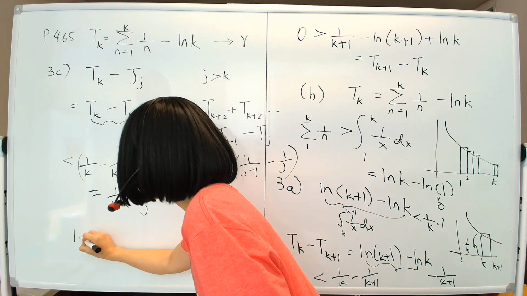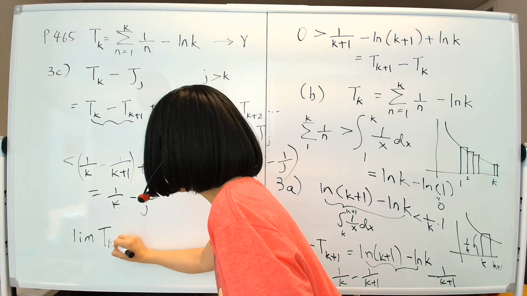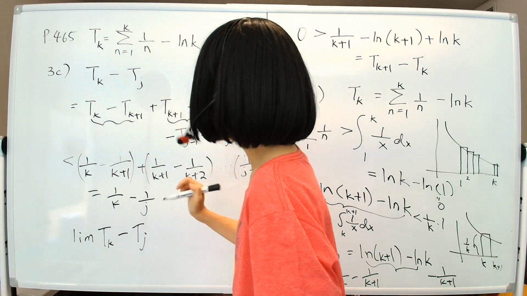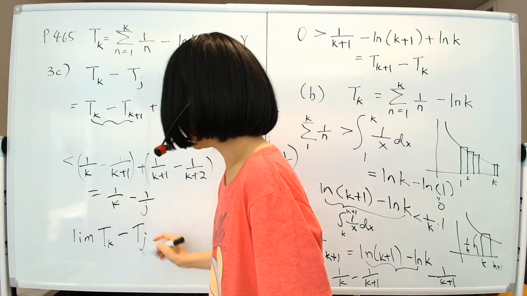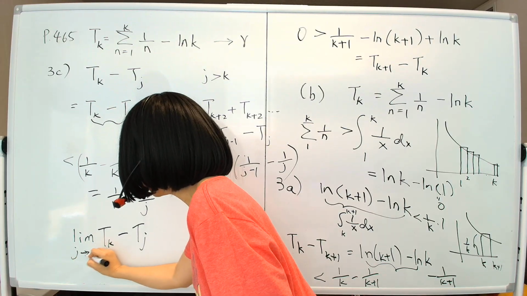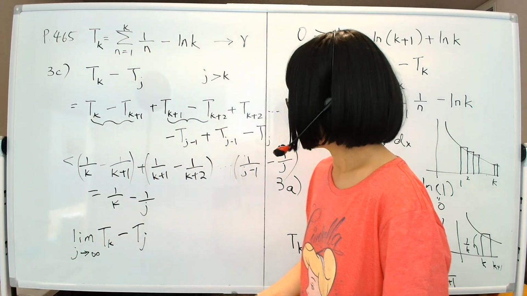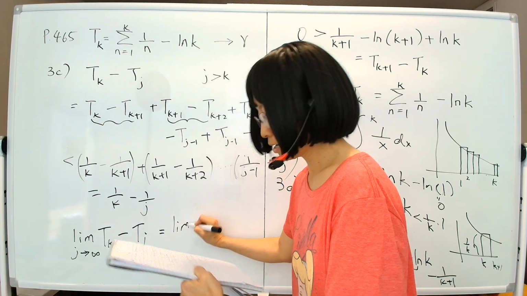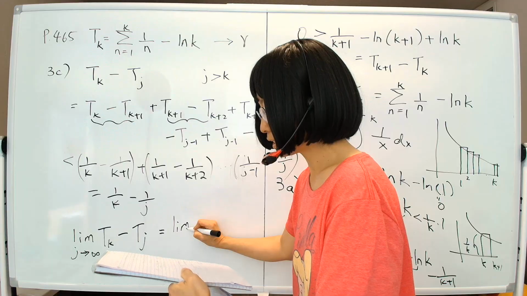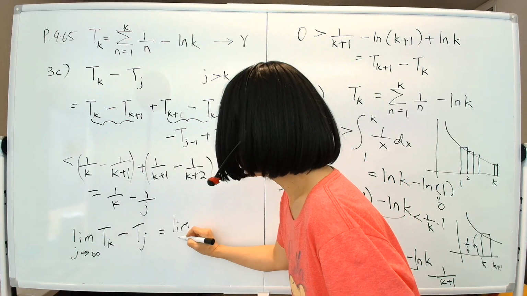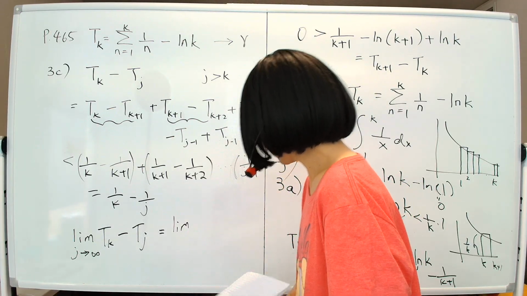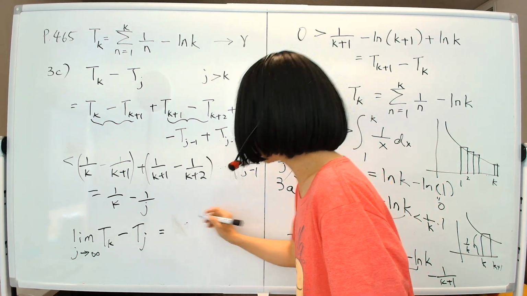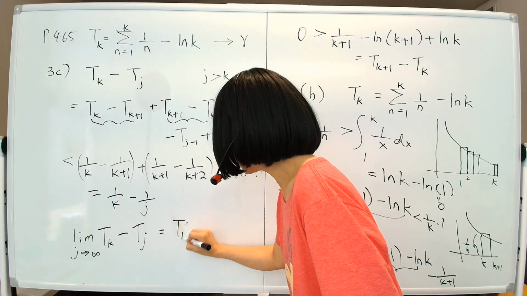So the limit of tk minus tj, that's a t here, not a j, as j approaches infinity is equal to the limit of tk, that is just tk, because tk is not going anywhere. We are only allowing j to go to infinity, so tk stays. Okay, so tk doesn't change.